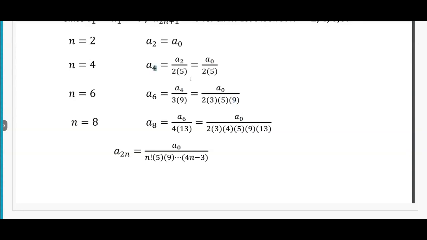If n equals 2, 2 times 4 is 8, 8 minus 3 is 5. Get this 5. Okay, so we get the even terms with the relationship to the first term, with this 1 over n factorial, then over 5 times 9 times up to 4n minus 3. So this scalar. Anyone has any question?